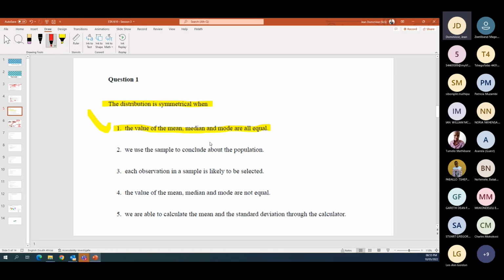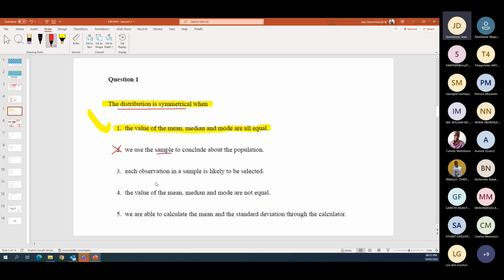But let's just look at some of the other things, because we use the sample to conclude about the population. So yes, we do use a sample to conclude something about the population, but it doesn't say that something will be distributed symmetrically. So nearly the statement is correct, but not to say that is why something is symmetrical or not.